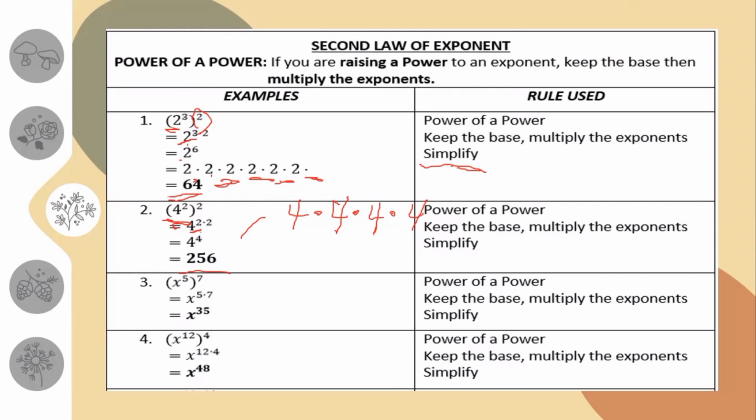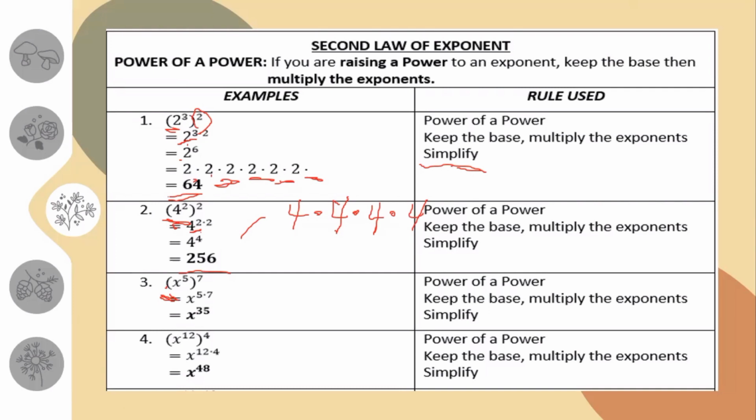For number 3, we are now using variables as our base. Okay, so meron na tayong ano yung base sa number 3, we have x is considered as our base. So the x variable is being raised by 5 and the power, okay, was also raised by 7. So power yung x raised to 5, okay? So the expression x raised to 5 raised to 7.